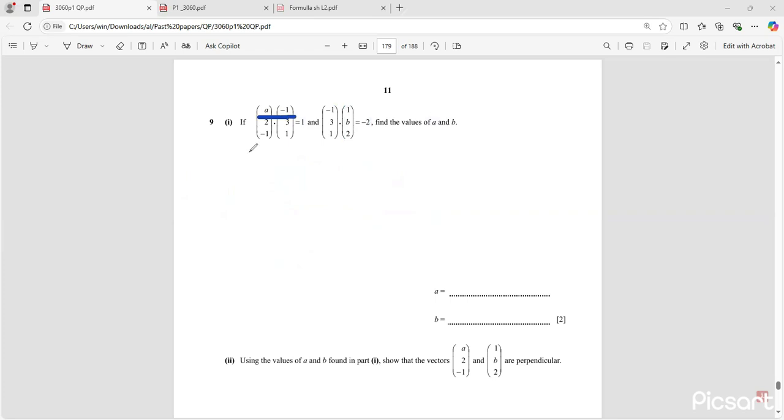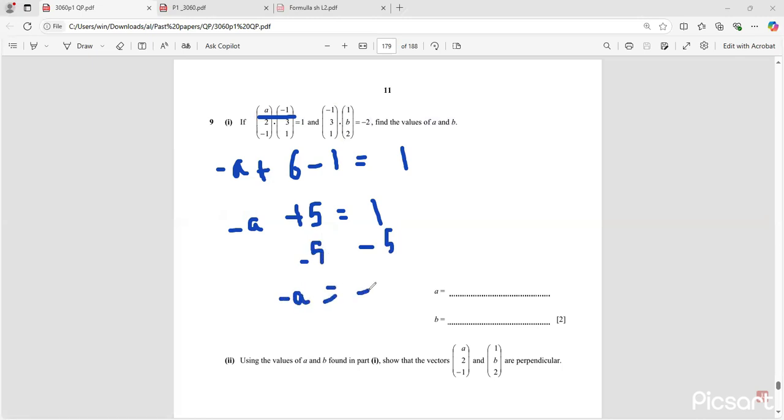We're going to make it easily negative a plus 6 minus 1, which equals 1. Okay, so here it will be plus 5. So negative a plus 5 equals 1. So minus 5, which gives negative a equals negative 4.